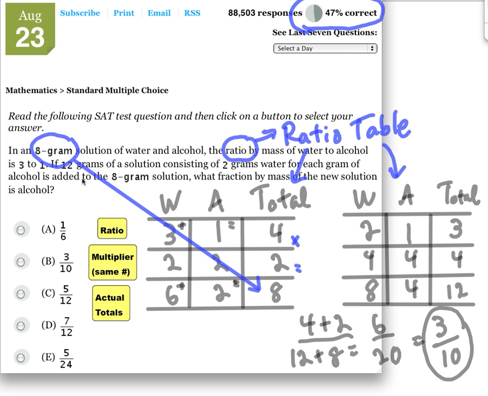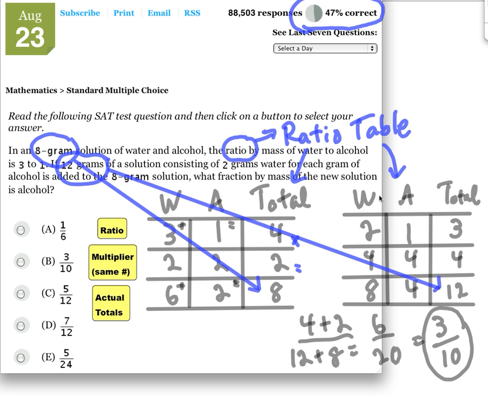If 12 grams of a solution, well again, that's our actual total. All right, so let's go ahead and circle that. And that's going to go in the other total area. So I have 12 grams of a solution consisting of 2 grams water for each gram of alcohol.